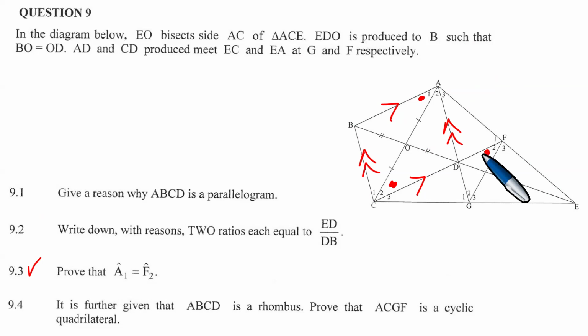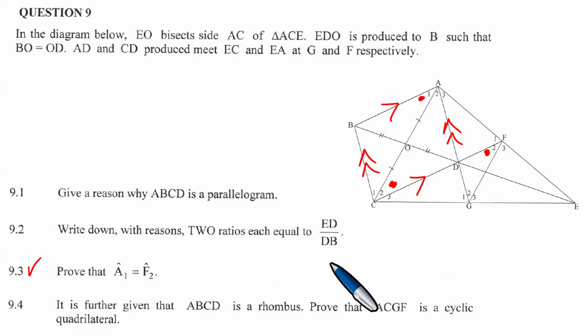The couple of things that we need to use in 9.3: first, what do we know from the previous results?